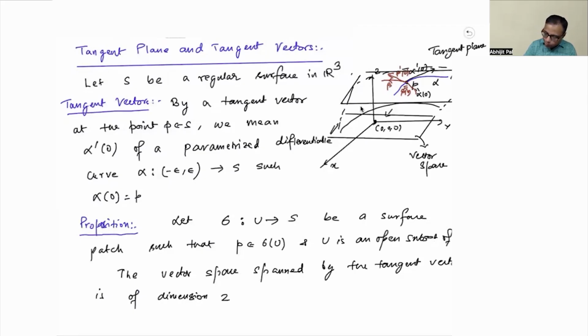Okay, so the vector subspace spanned by the tangent vectors is of dimension 2.